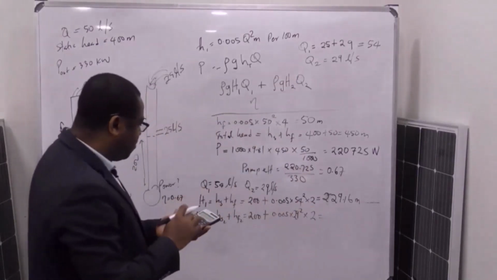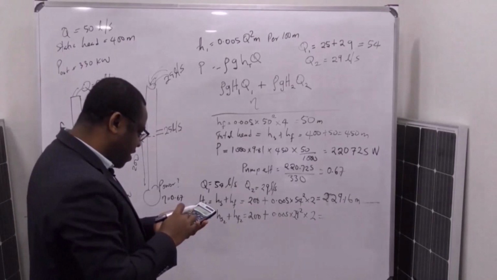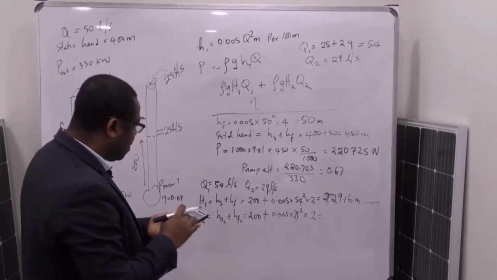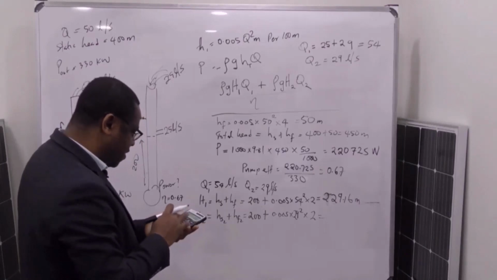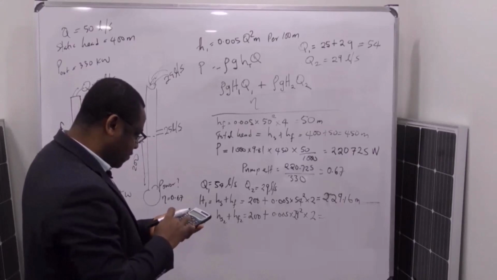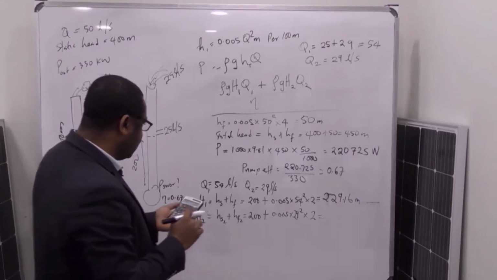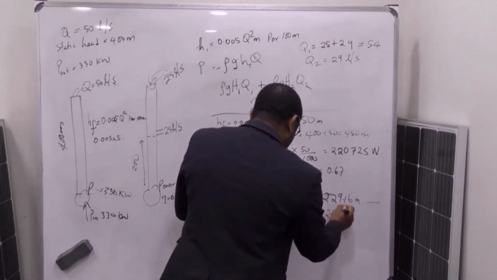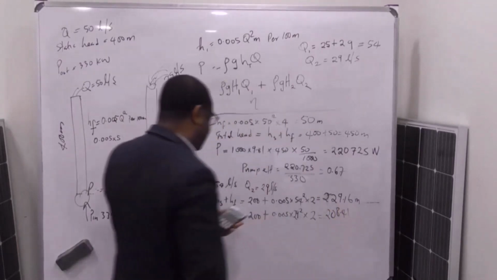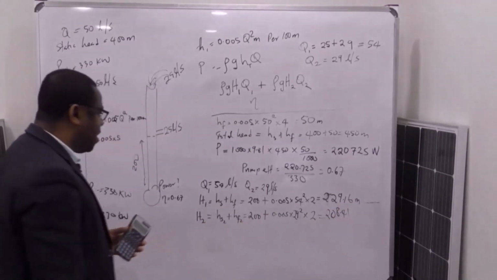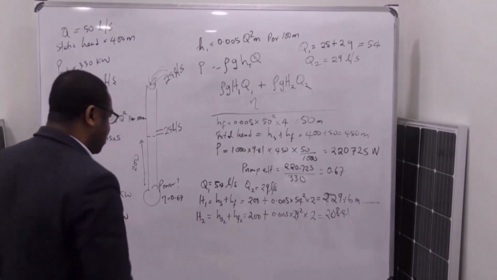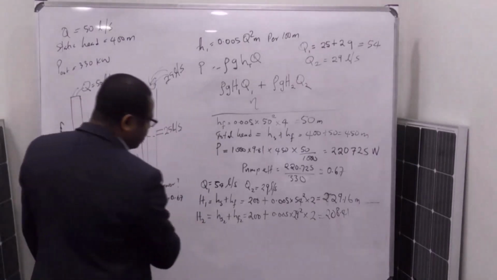So we have 0.005 times 29 squared times 2. So you have 208.41, okay? Now, that is our H2.